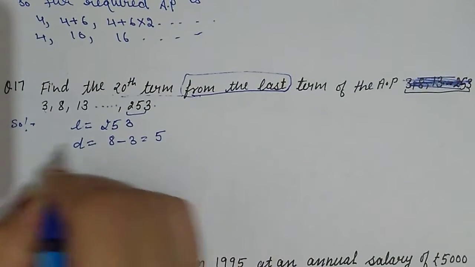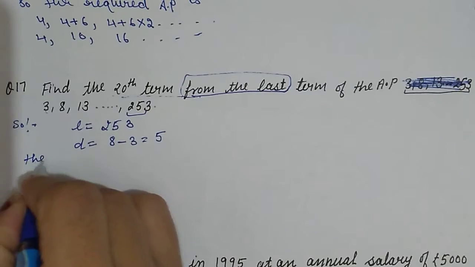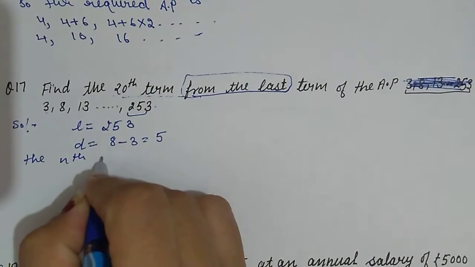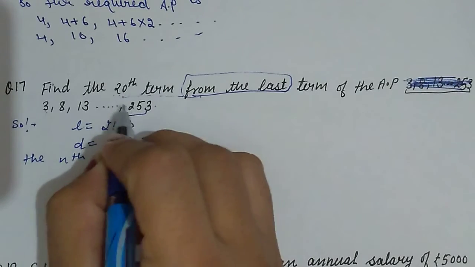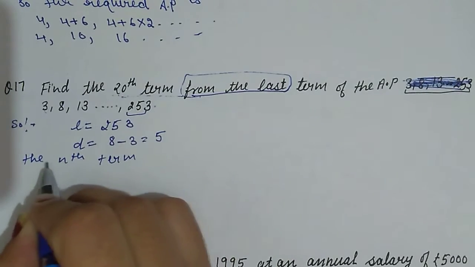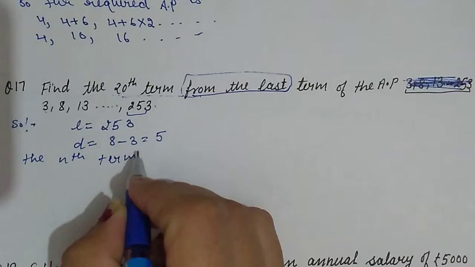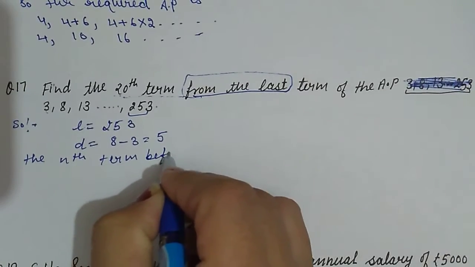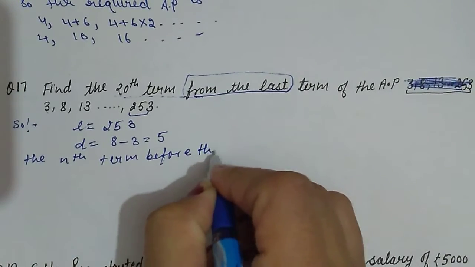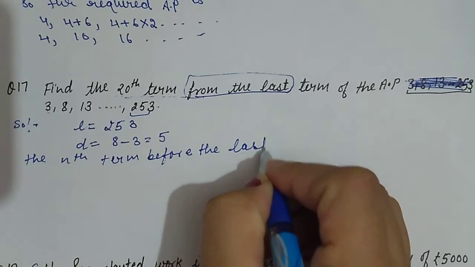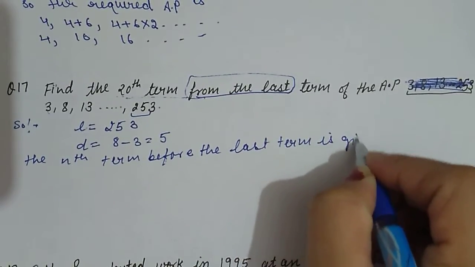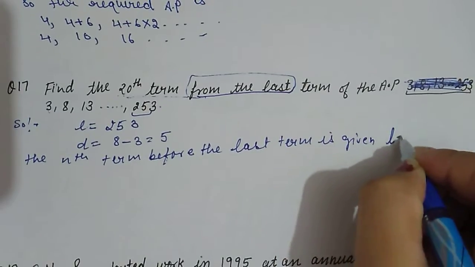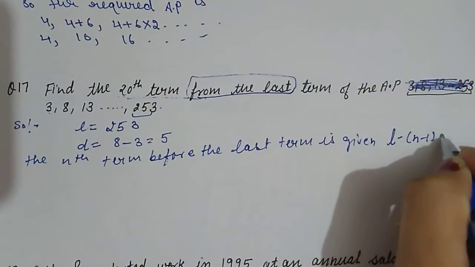Now we know that because we have to find the 20th term from the last, the nth term from the last is given by L minus n minus 1 into D.